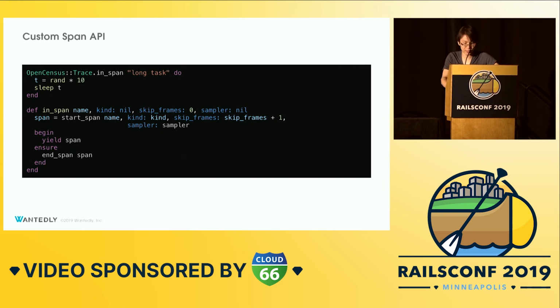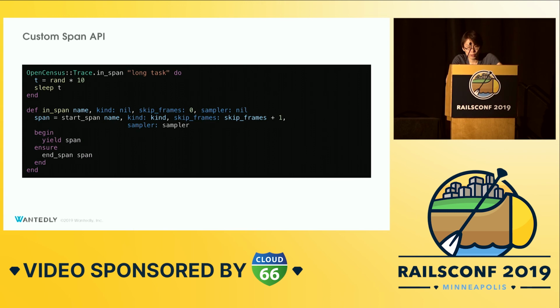Here's an example. This is a meaningless example, but it uses the OpenCensus module, OpenCensus.trace.in_span method. You pass in the name of the span when you call it, and you also pass a block to it. This is the actual operation you want to do. Here it sleeps for up to 10 seconds.